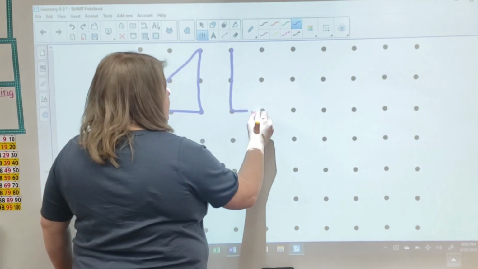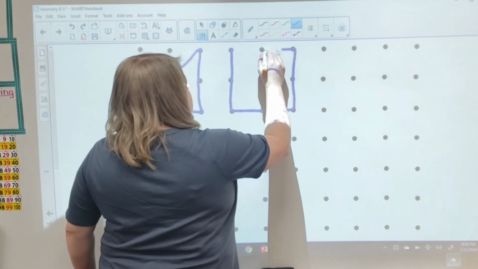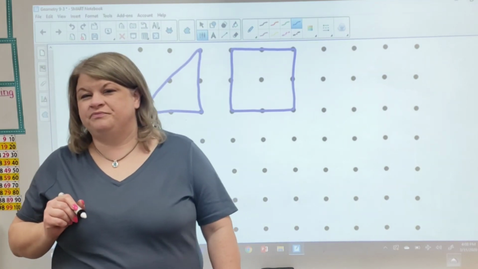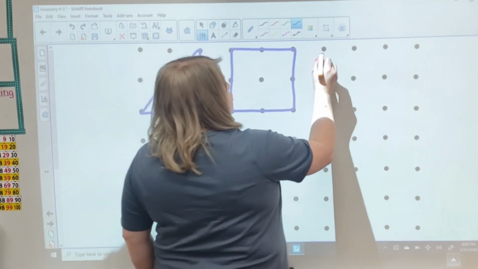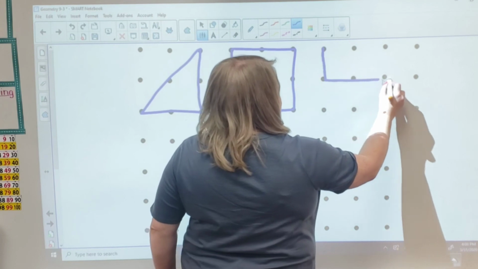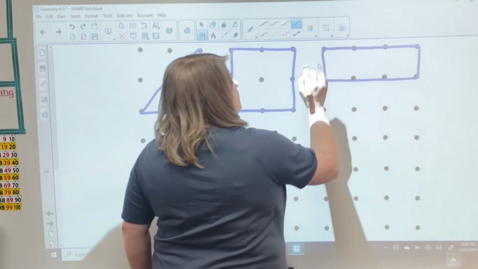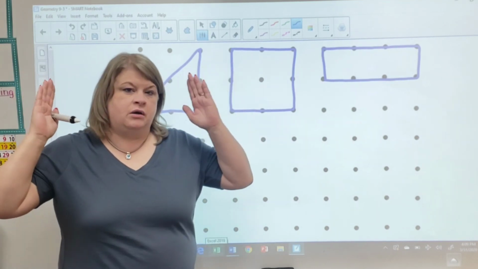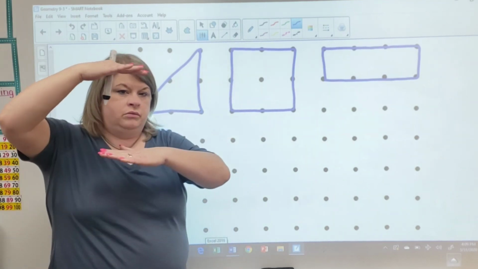Remember, squares have even sides, so make sure you put the same number on each side. Next, a rectangle. Ooh, rectangles could be all sorts of different dimensions, can't they? We just have to remember that the opposite sides are parallel and equal.